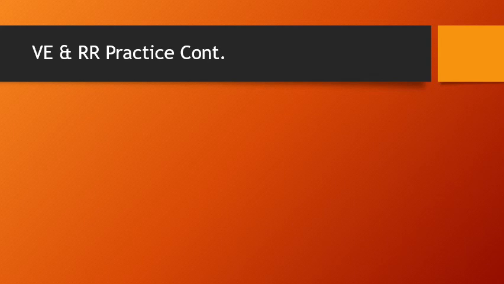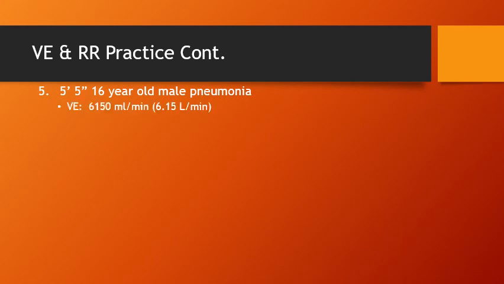So continuing on with patient number 5, this is going to be our 16-year-old male with pneumonia. Go ahead and pause your video and calculate his minute ventilation and respiratory rate. This patient needs a minute ventilation of 6,150 milliliters per minute, or 6.15 liters per minute.